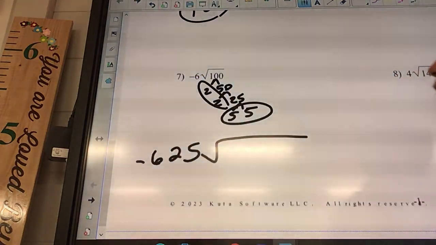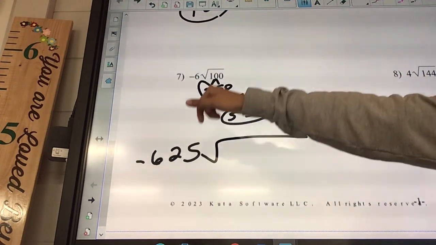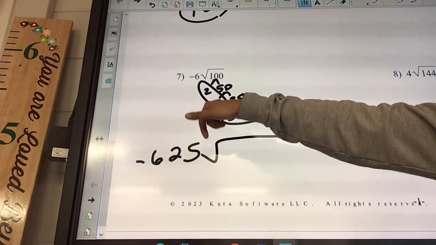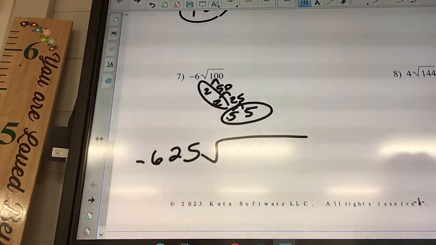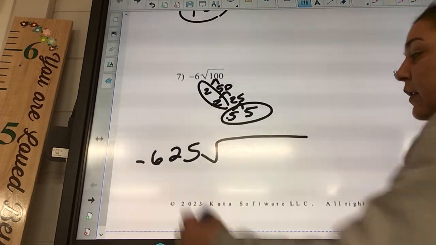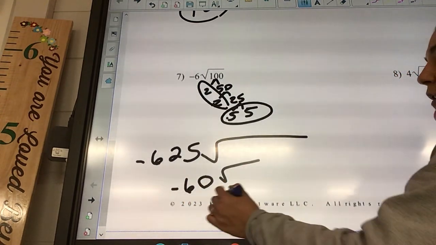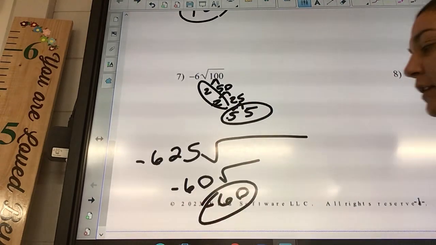And again, if we think about this, what is the square root of 100? 10. What is 5 times 2? 10. So that's how we got that. So negative 6 times 2 times 5? Negative 60. Square root of nothing, and we don't leave it like that, so it's just going to be negative 60.